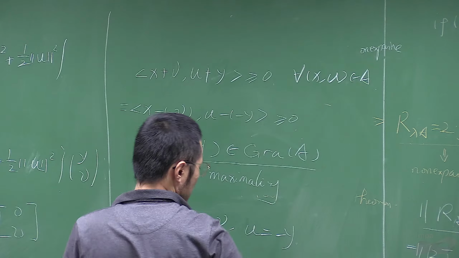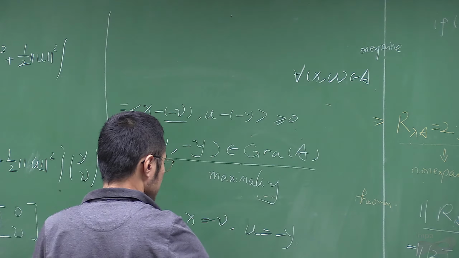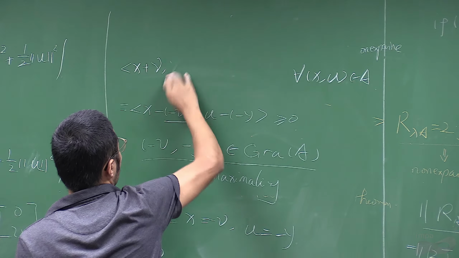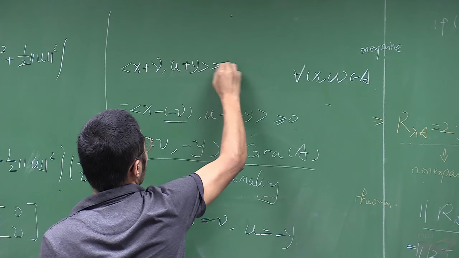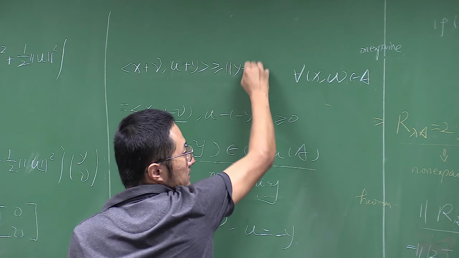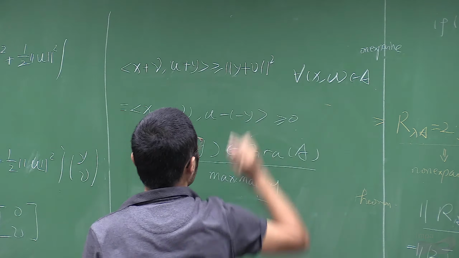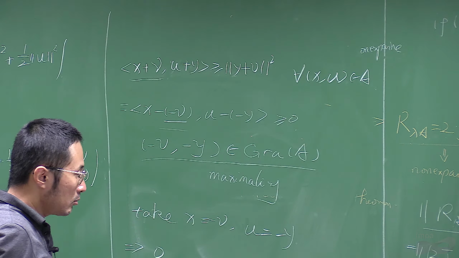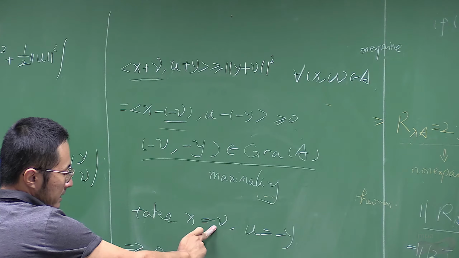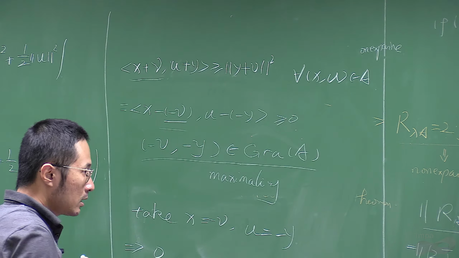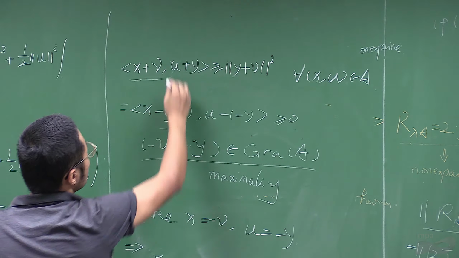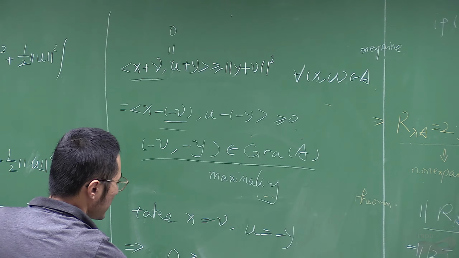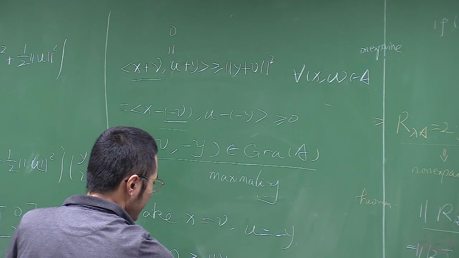I write the whole inequality here. So this is x plus v, y, u plus y is greater than y plus v square. Okay, and if we take x equals to the minus v and u equals to the minus y, what we can get these terms is 0. Okay, so we get 0 is greater than y plus v squared.